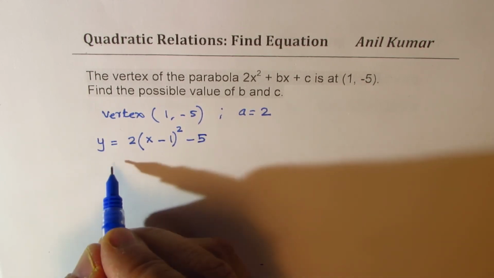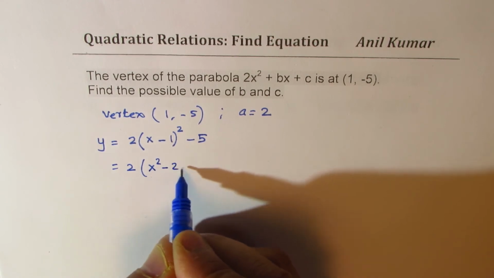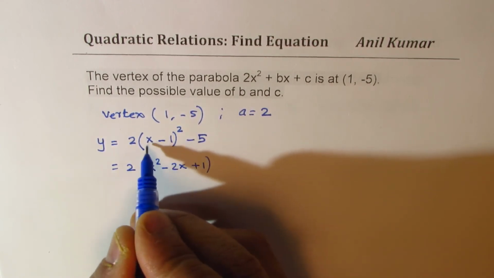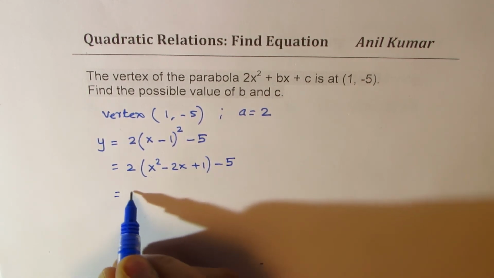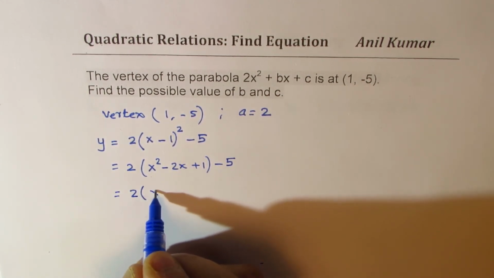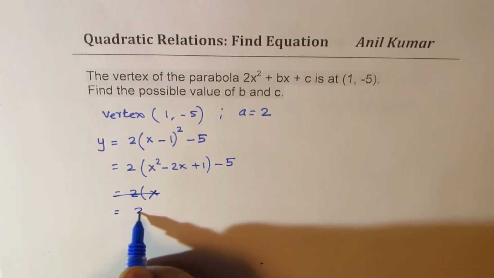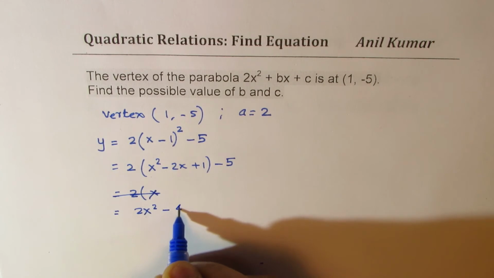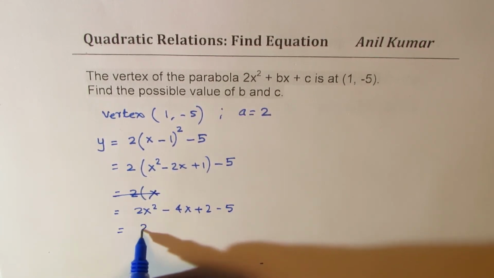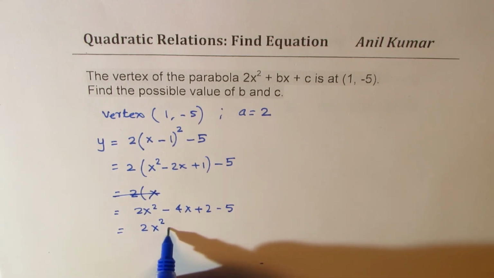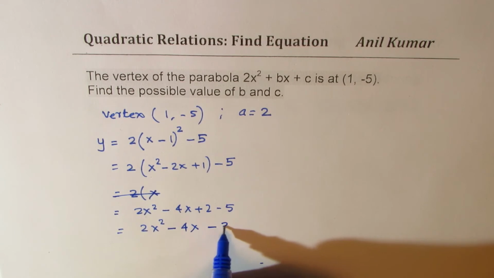Now we can expand this, right? So once you expand this, you get x squared minus 2x plus 1, that is the expansion of x minus 1 whole squared. That is 2 times, I should have opened the bracket, so let me write down here, equal to 2x squared minus 4x plus 2 minus 5, and that gives you 2x squared minus 4x minus 3.